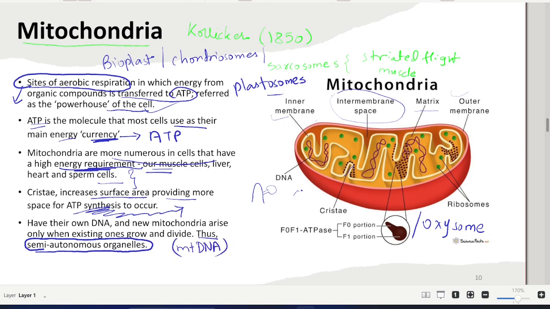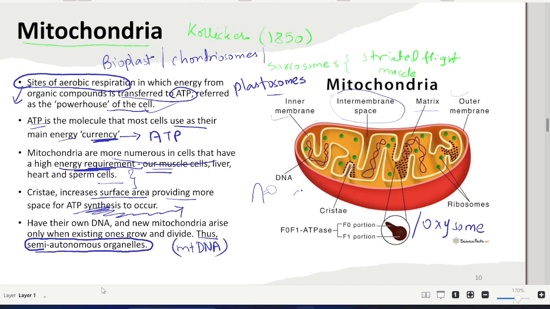So this is the mitochondrial DNA present in it. This is the largest organelle in the animal cell, the second largest organelle in the plant cell, and the third largest structure in the cell after nucleus and chloroplast. Got it?